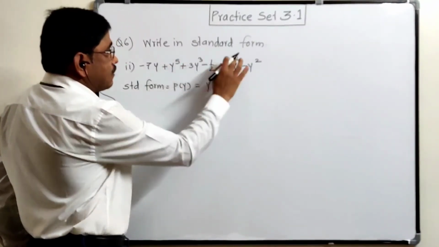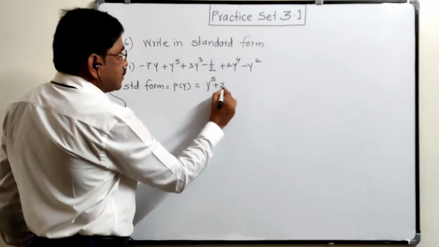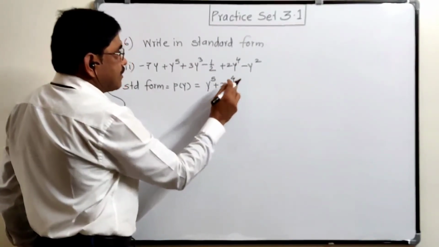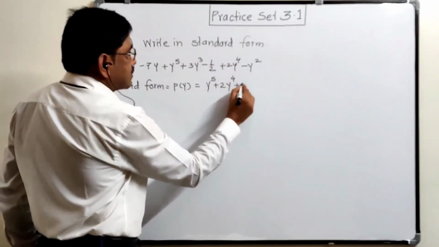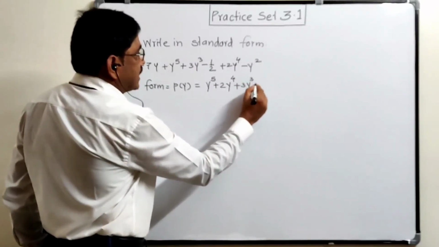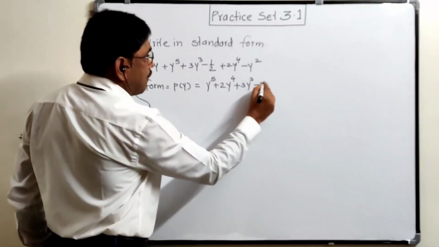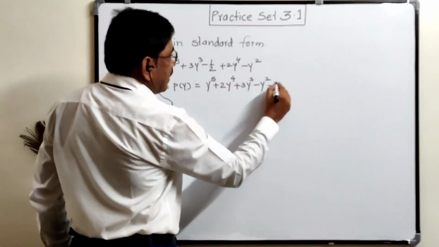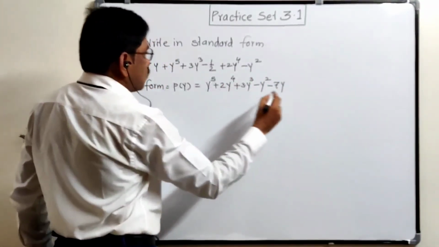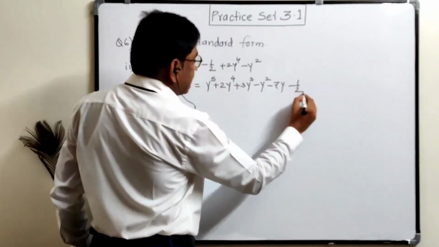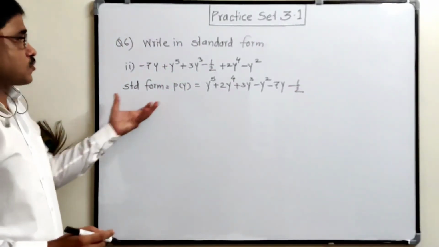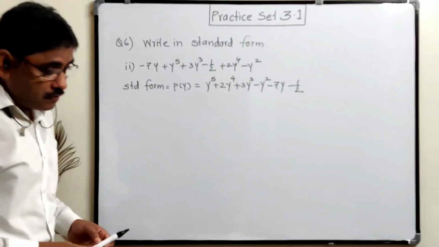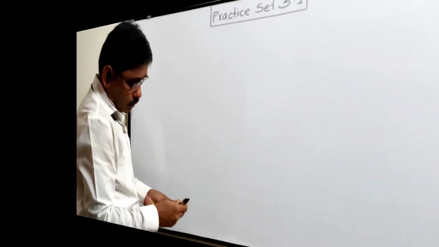After 5, which will come? 4, plus 2y raised to 4, after that plus 3y cube. The next one is square, so minus sign is there, then minus sign, then minus 7y, and at last constant term is always at last. So in this way, this is called the standard form of that polynomial.